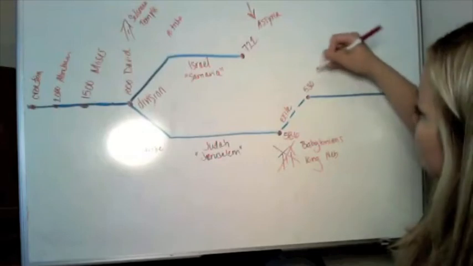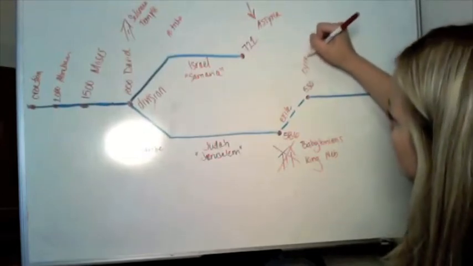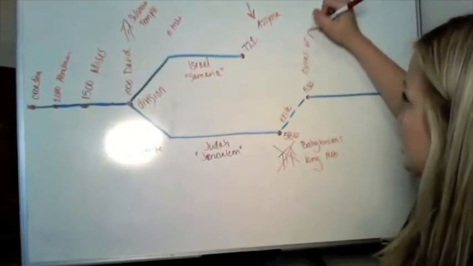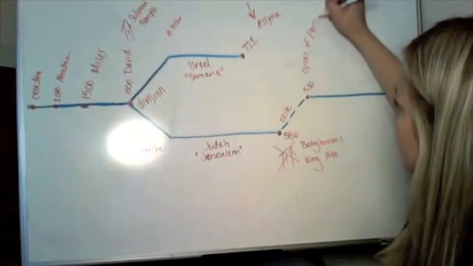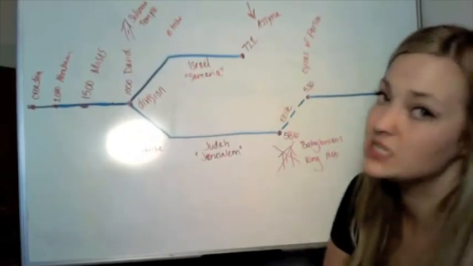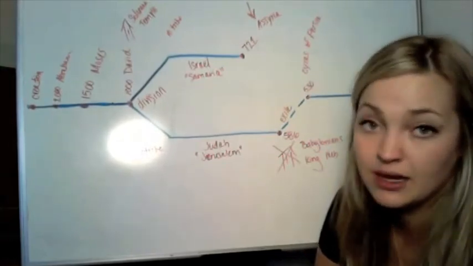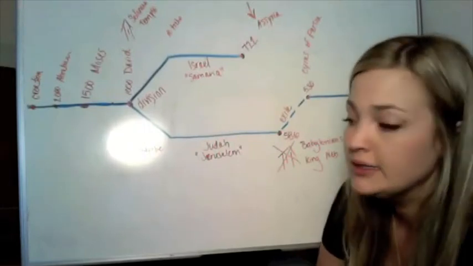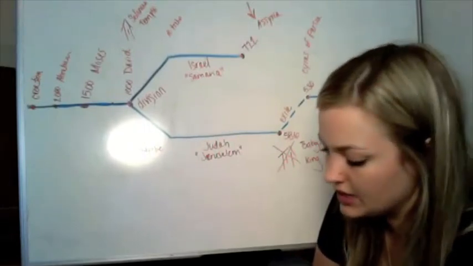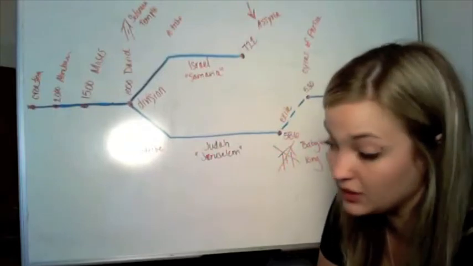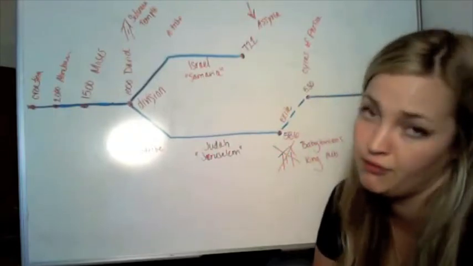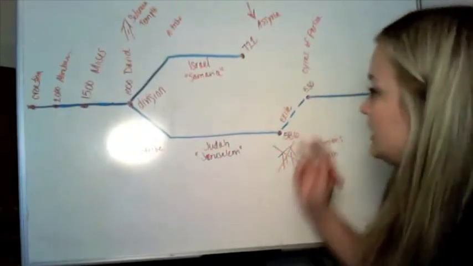But in 530, King Cyrus of Persia let the Jews go back home, and they were allowed to rebuild their temple, and he kind of freed them up, basically, in the year 530.